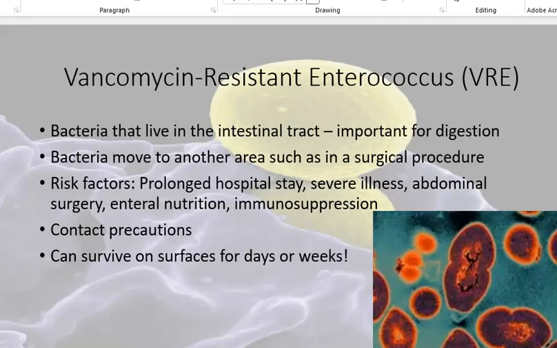They will be put into contact precautions. MRSA will also need to be in contact precautions. And it can live on a surface for days to weeks. Traditionally it was treated with vancomycin, but resistance has developed in recent years. Prolonged length of stay in the hospital, severe illness, abdominal surgery, and enteral nutrition are all at increased risk for this.